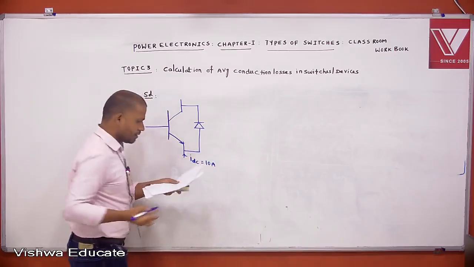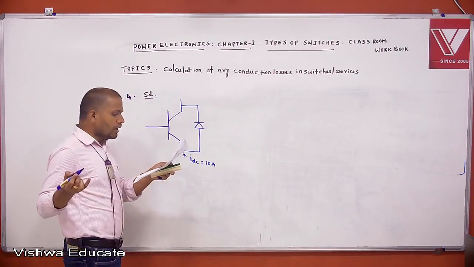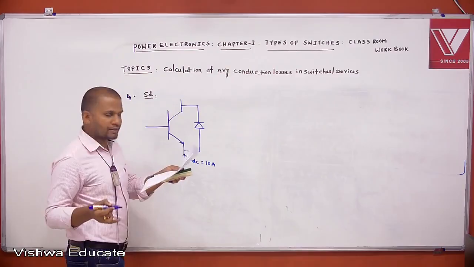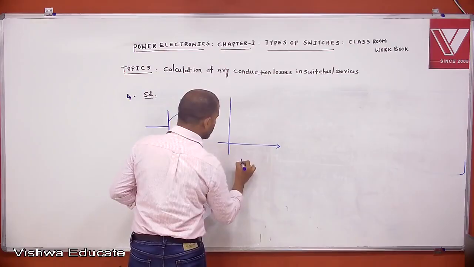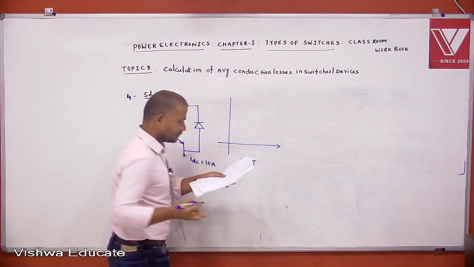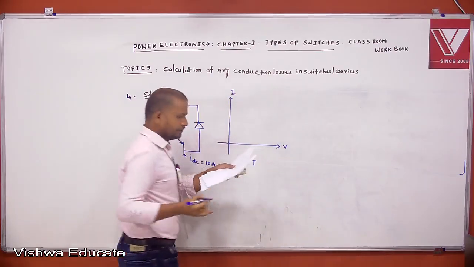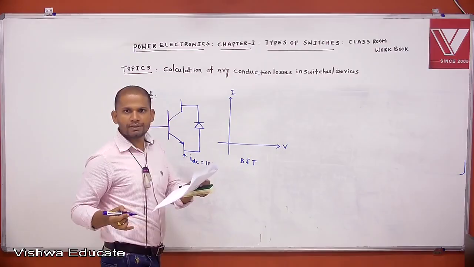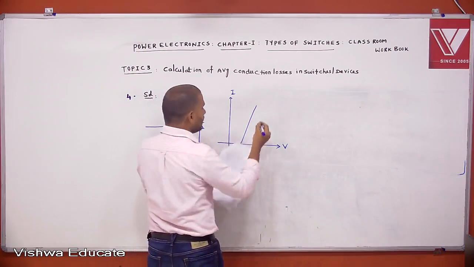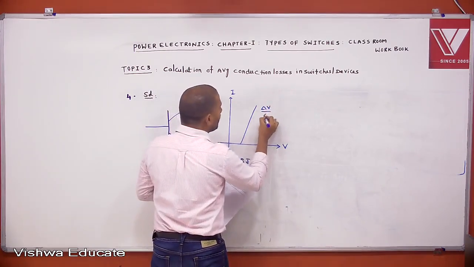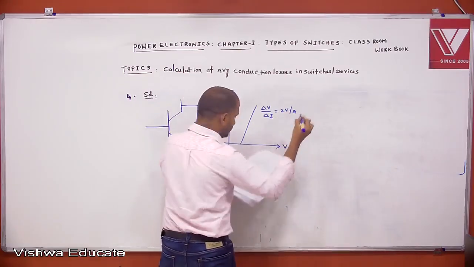The characteristics of both the transistor and diode are given. This is the BJT characteristics, this is I and this is V. Then this characteristic is delta V by delta I equal to 2 volts per ampere.